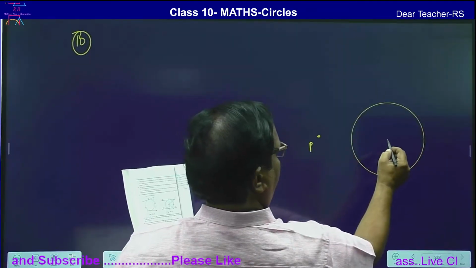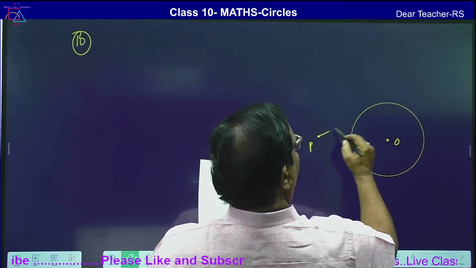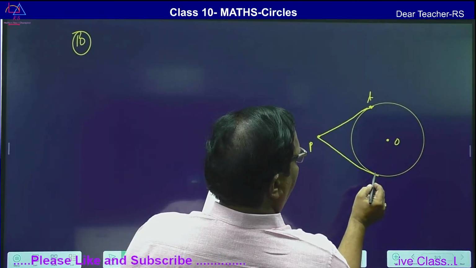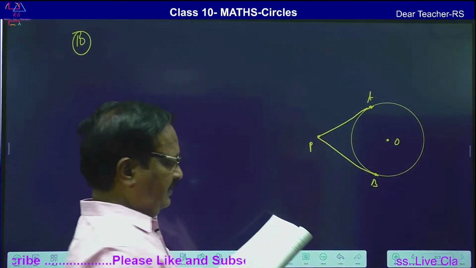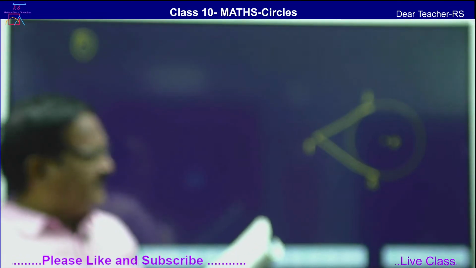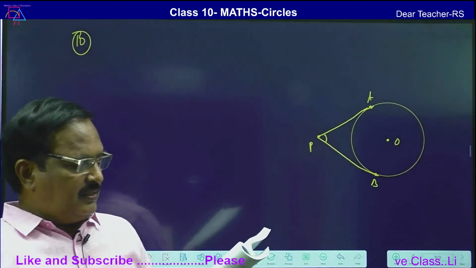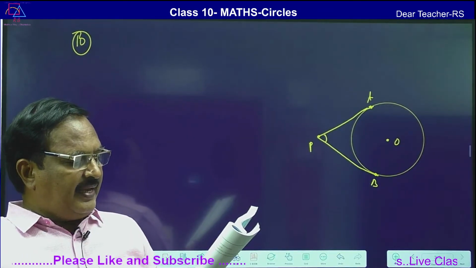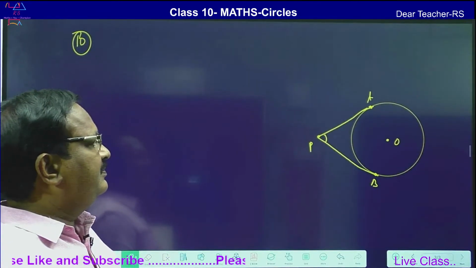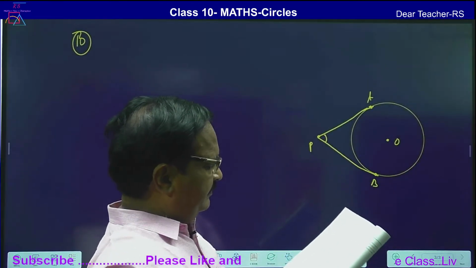P is the external point, O is the center, PA is one tangent, PB is one more tangent. Okay. Prove that the angle between the two tangents from an external point, that means this one, is supplementary to the angle subtended by the line joining the points of contact at the center. Okay, supplementary at the center.